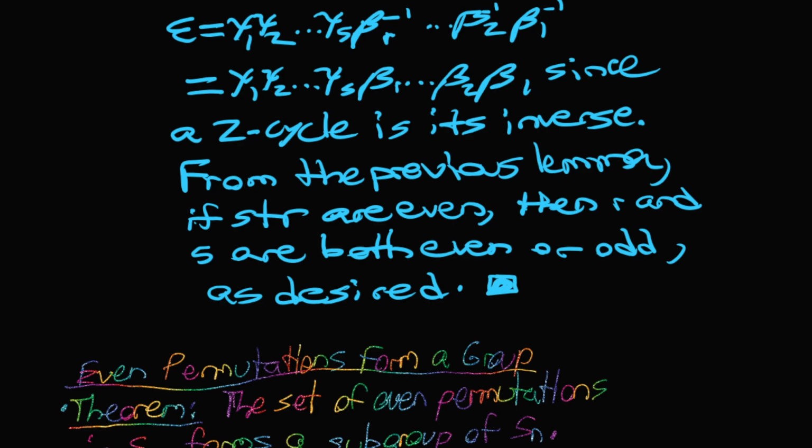So yeah, this proof just builds off of the lemma that we went over, and this is how the idea was developed that an even or an odd permutation can be determined from its 2 cycles, how many 2 cycles that it has.